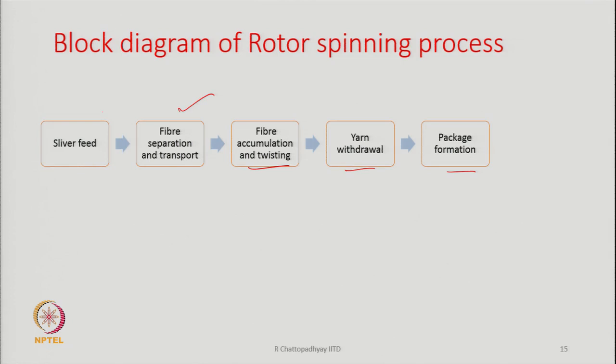So, these are the various units of the rotor spinning: sliver feed, fiber separation unit and fiber transport, fiber accumulation and twisting by a twisting element, then yarn withdrawal, and then package formation.